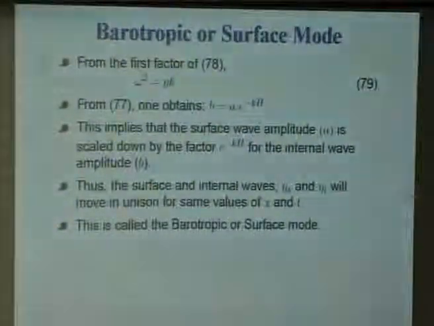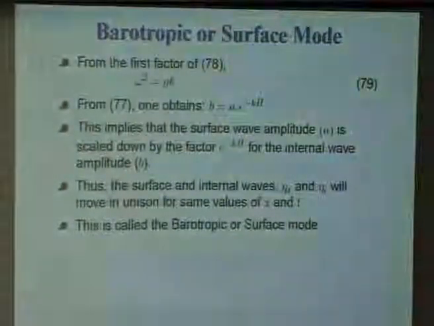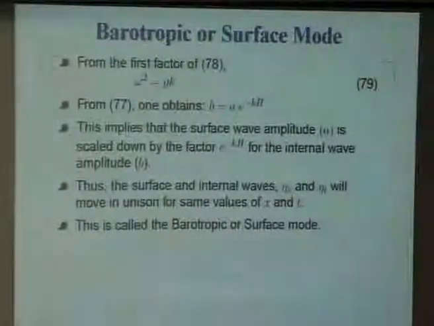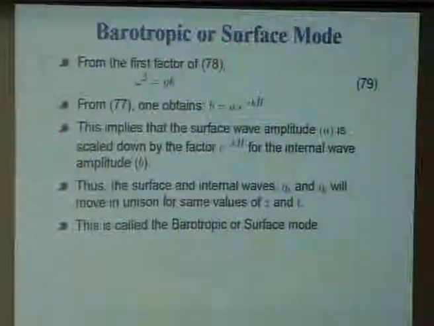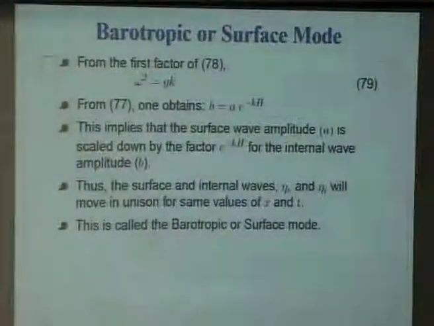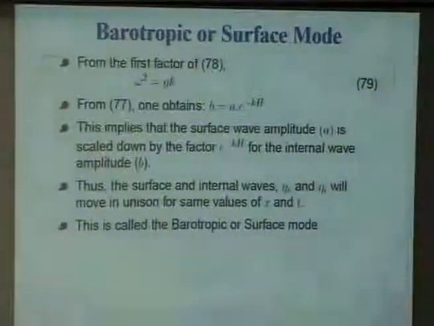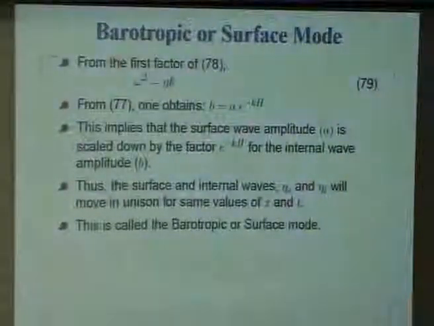So, this tells you a very interesting thing, that the internal wave amplitude is actually the surface wave amplitude times e to the power minus k h. So, it scales down. You may have a larger wave amplitude on the surface, but as you look at the interface, the amplitude comes down by this factor e to the power minus k h.